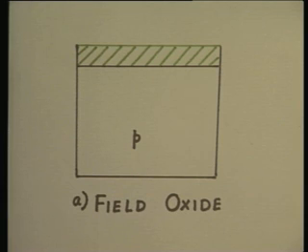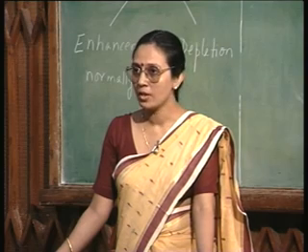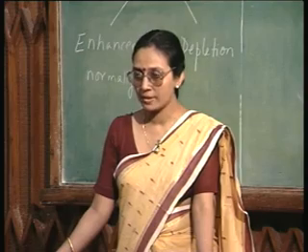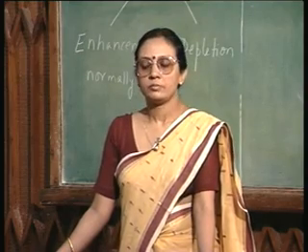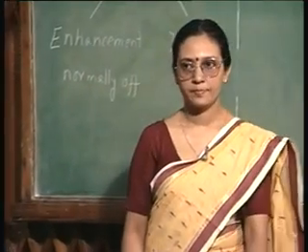That is, from metal gate to polysilicon gate, the technology has advanced so far as to allow you to fabricate N MOSFET with proper threshold control. That is the significance. So, first step is the field oxide.